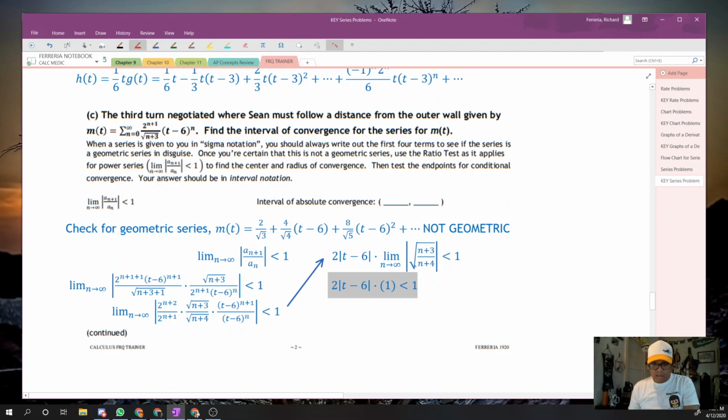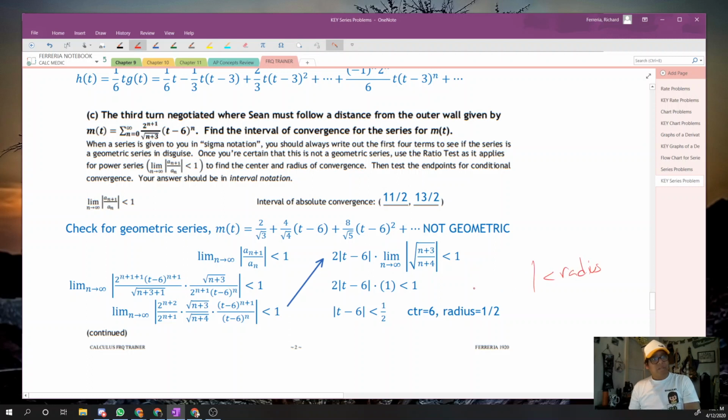Once you divide by 2, you get the absolute value of t minus 6 is less than 1/2, and that is of the form: x minus the center is less than the radius.